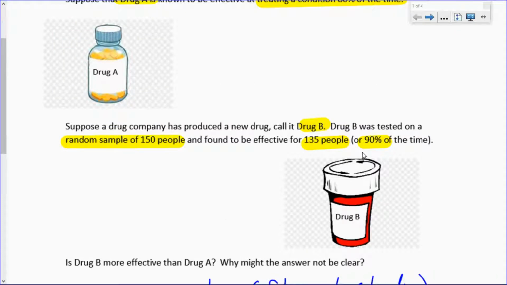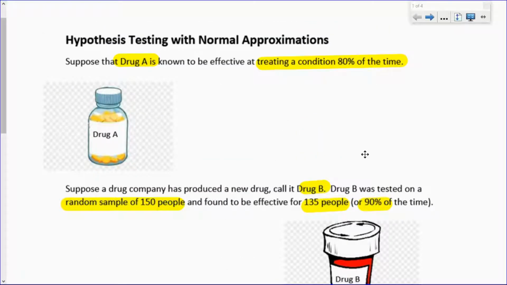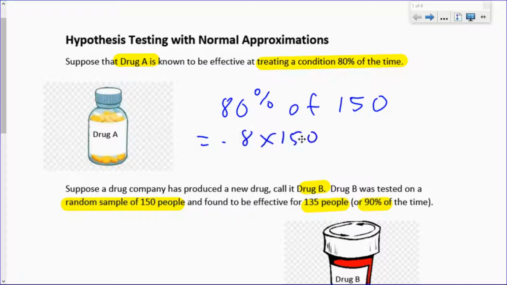For example, if you gave drug A to 150 people, you would expect that 80% of 150 people, or 0.8 times 150, you'd expect 120 people to be cured from drug A, not 135. But that doesn't mean that you necessarily cure exactly 120 people.